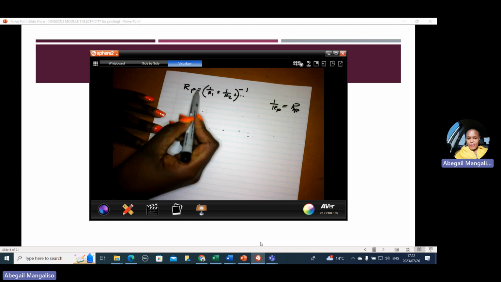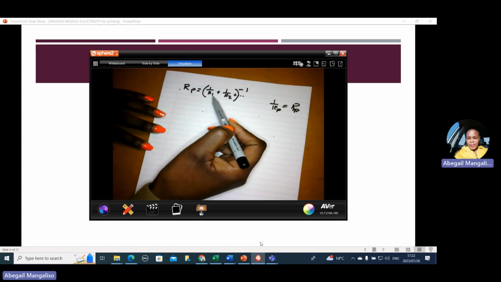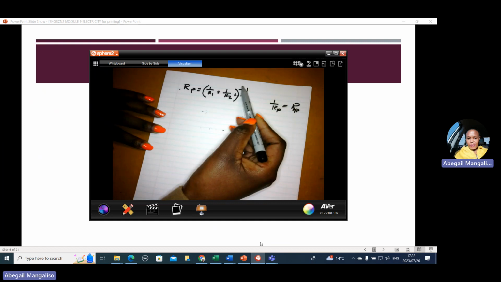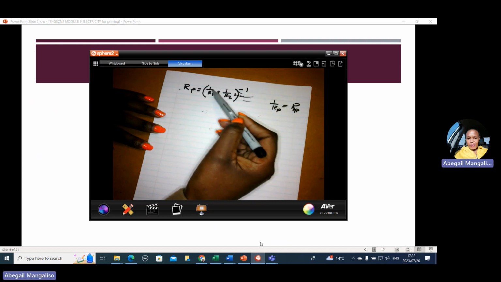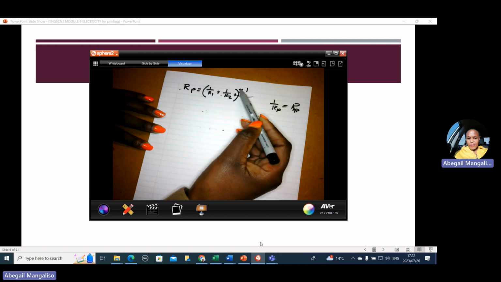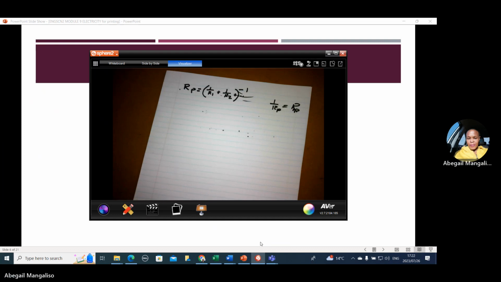So you write Rp this side, and this answer of this side, you do the inverse. A calculator has this button of the inverse. You just punch in everything, close brackets, and put that to the power -1, the inverse button, to get the parallel resistor.